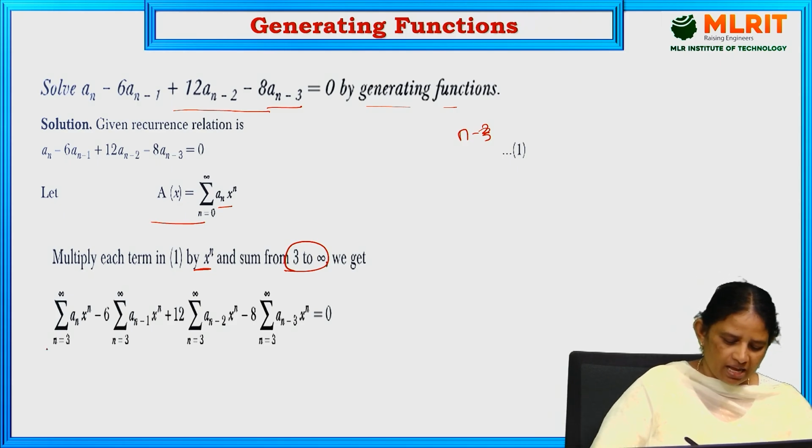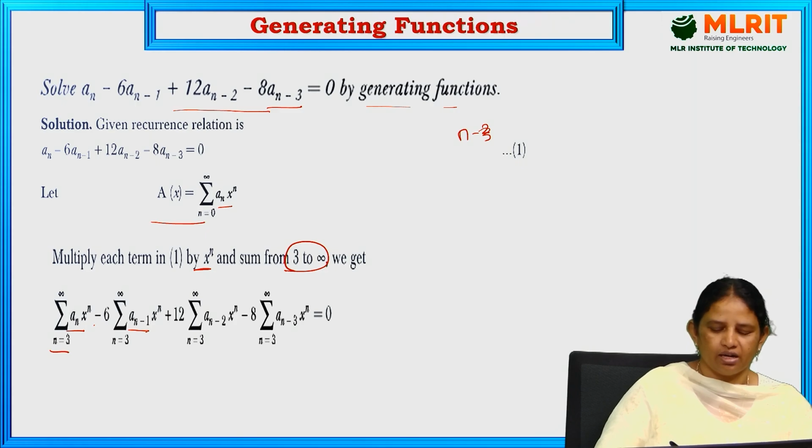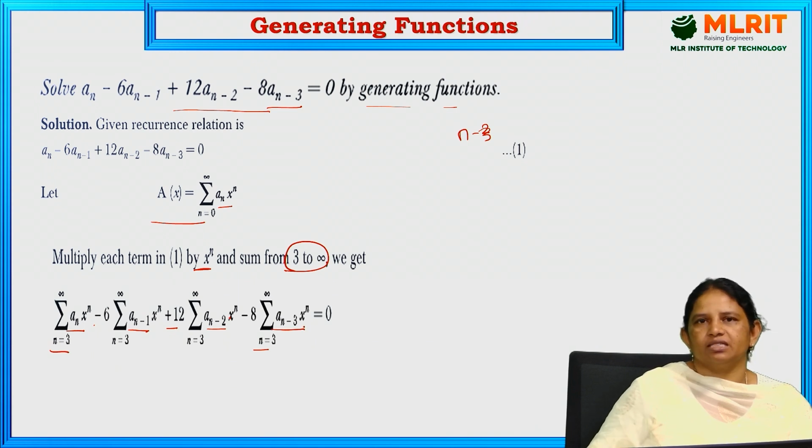That is sigma n equal to 3 to infinity a_n x^n minus 6 sigma n equal to 3 to infinity a_(n-1) x^n plus 12 sigma n equal to 3 to infinity a_(n-2) x^n minus 8 sigma n equal to 3 to infinity a_(n-3) x^n is equal to 0.